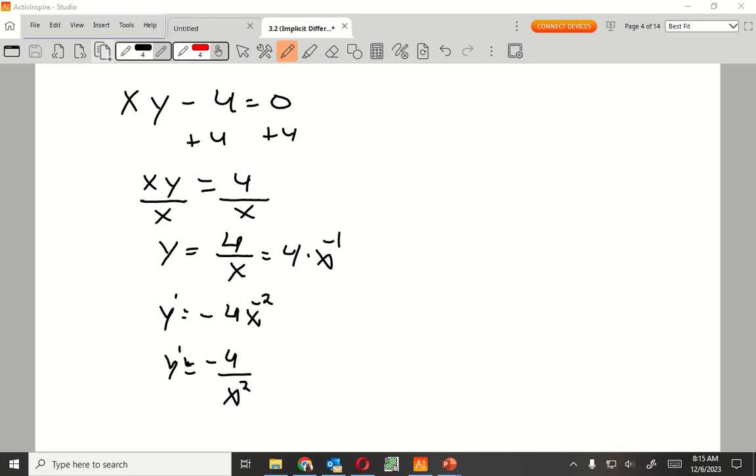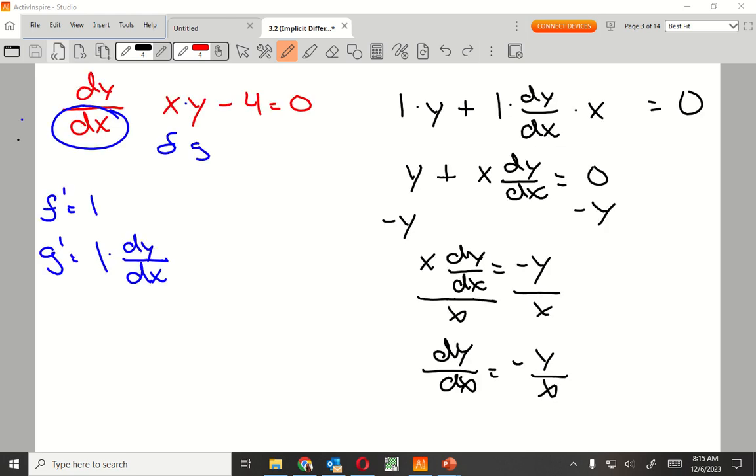Now, notation, if I were to change that to Leibniz notation, y prime is the same as saying dy dx, right? Y prime is the same as saying dy dx. Okay, so I'm just going to rewrite it. So dy dx is equal to negative 4 over x squared.